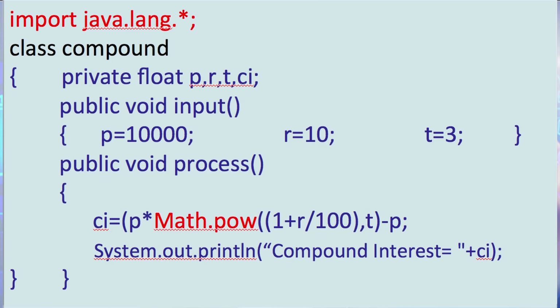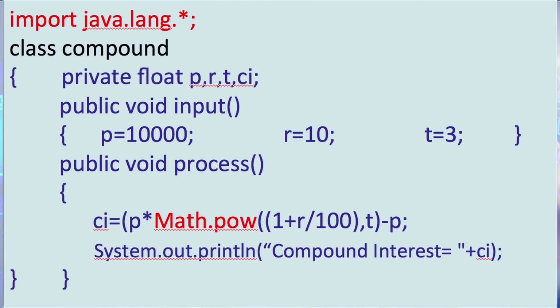So this is the program. The first 2 points you can see here in object oriented programming, the first 2 bullets, object and classes. In object oriented programming we define a class first, then we define the object of this particular class. So suppose we have defined here a class Compound.